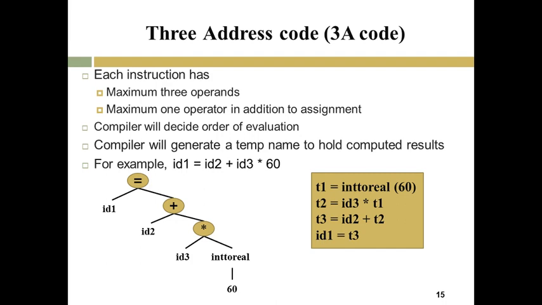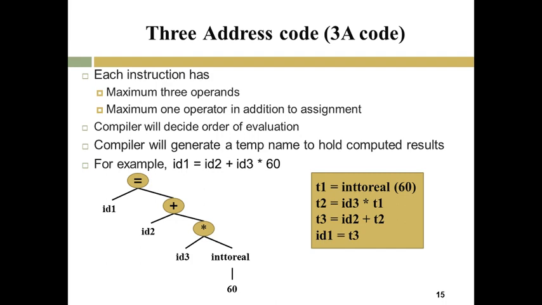If we observe this 3 address code, the advantage is that all the operators are arranged as per the evaluation order. So once intermediate code is generated, there is no need for the original source program, and all the instructions are automatically arranged in the order of evaluation.